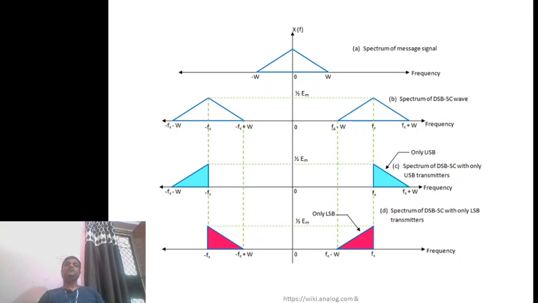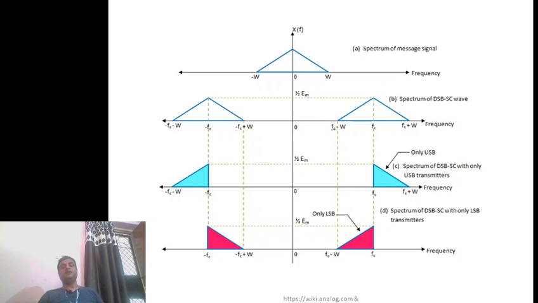See this particular diagram. The first diagram is the message signal spectrum. It is in the frequency domain, which is why we call it the spectrum. After the modulation, our new spectrum consists of the upper sideband and lower sideband, with transmission from the center frequency to plus FC and minus FC. Then if one sideband is removed, here we have removed the lower sideband.